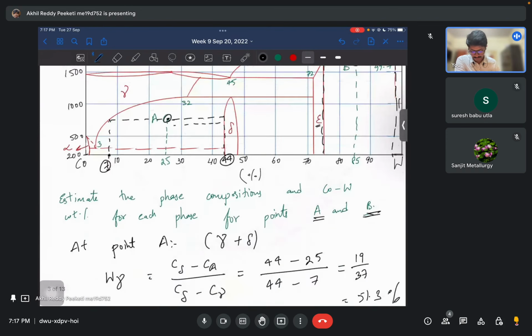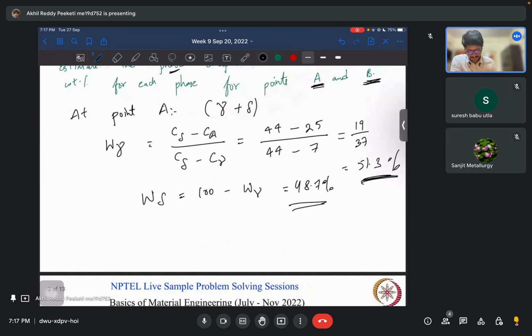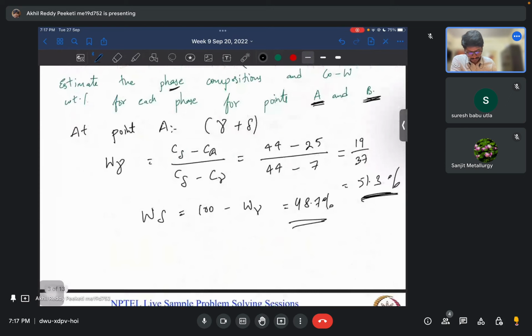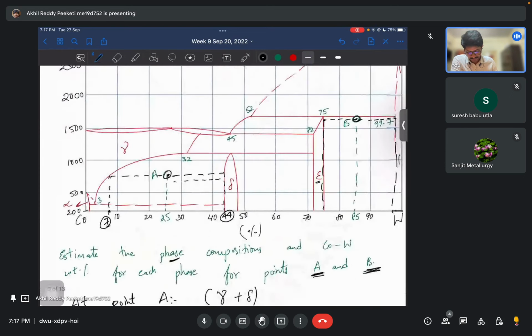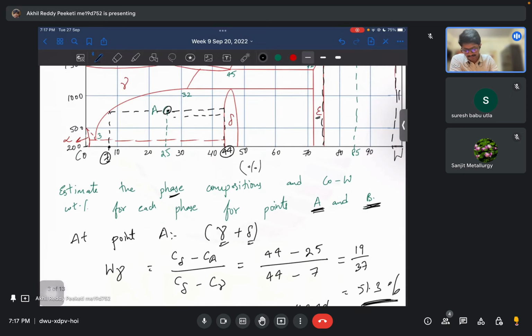Now we need to also find out at points A and B what the compositions are in each phase. So at point A you have gamma and delta phase, right? So what is the composition of gamma phase and what is the composition of delta phase? That is the same as the intersecting points of the horizontal lines which we have drawn.